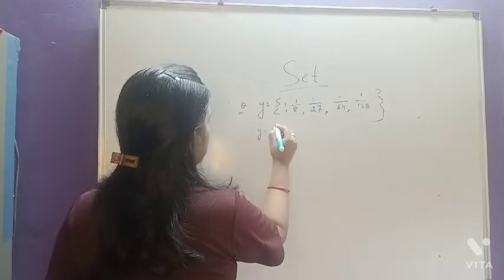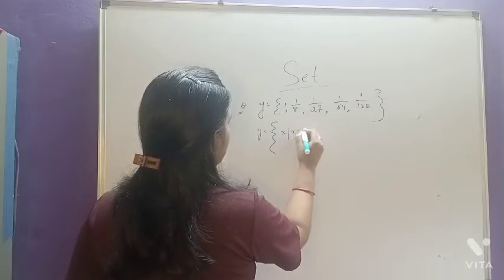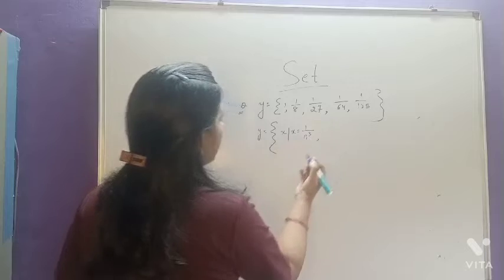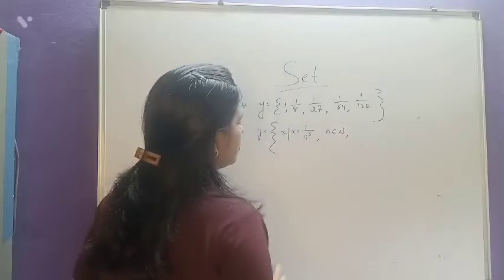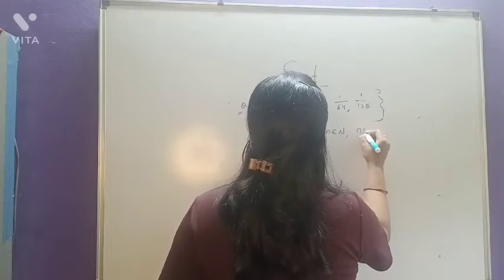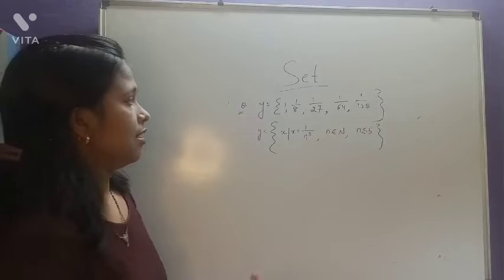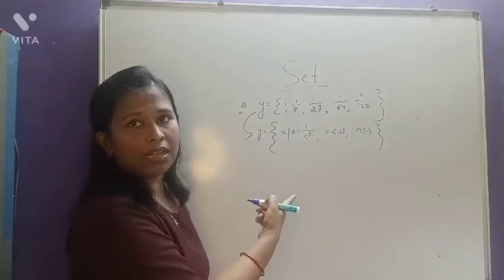So y is the set of x such that x is equal to 1 by n cube, where n belongs to the set of natural numbers and n is less than or equal to 5. We'll check this. I am writing this conversion from listing method to rule method.